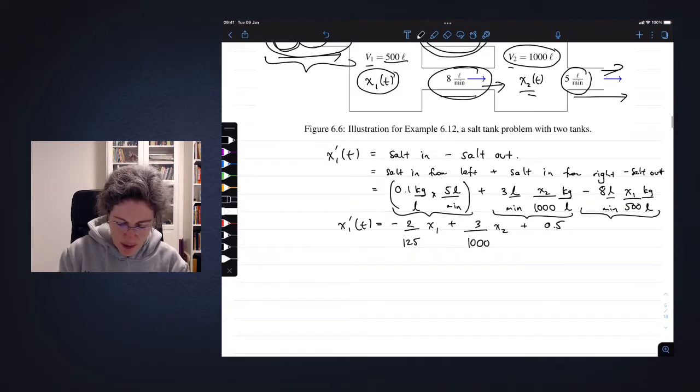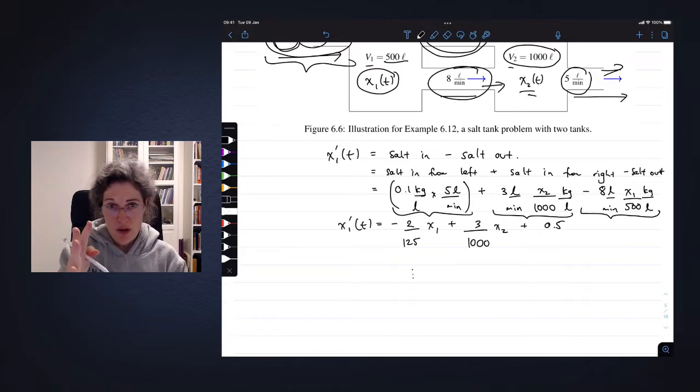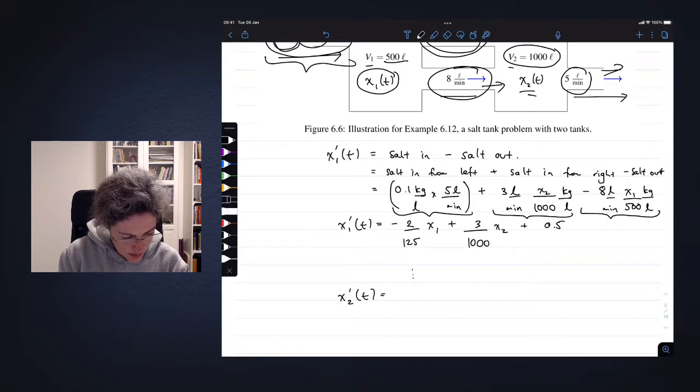I would recommend that you do the same calculation for yourself, and you'll find that for x2, you should have this.